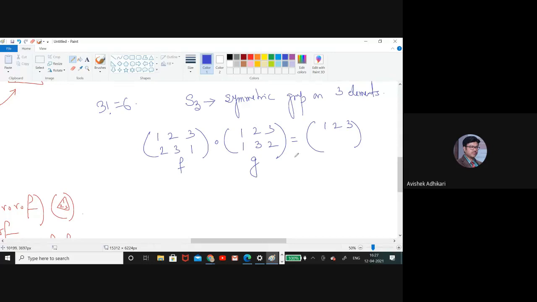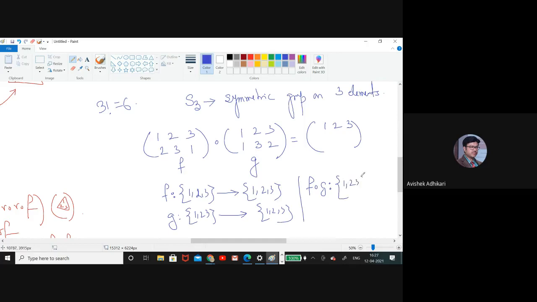Let me check. First of all, this is a function. As you understand, this is a permutation, and this is another permutation. So f is a function from {1, 2, 3} onto another set {1, 2, 3}, and g is again a function from {1, 2, 3} onto {1, 2, 3}. Now when I write f composition g, this will also be a function from {1, 2, 3} to {1, 2, 3}, clearly.